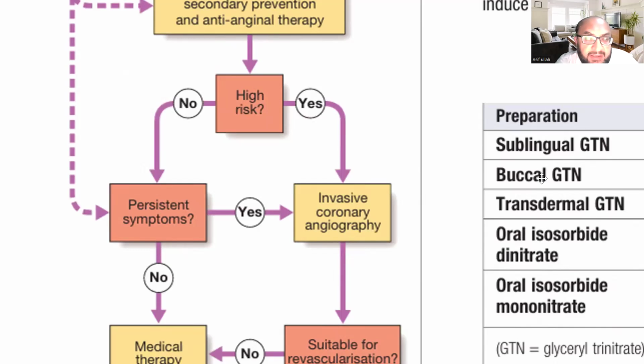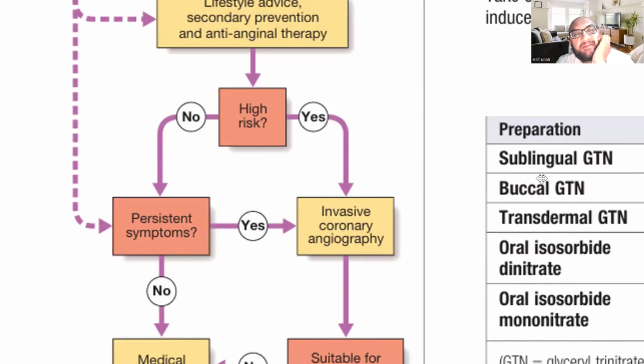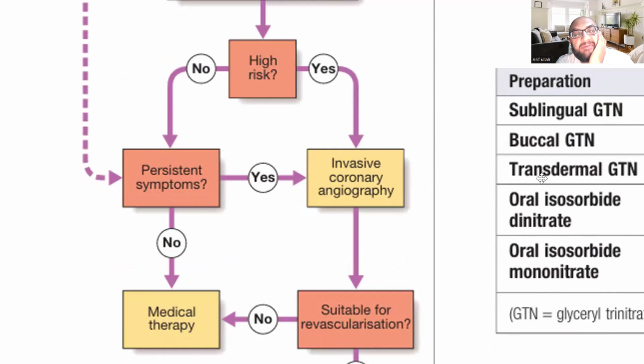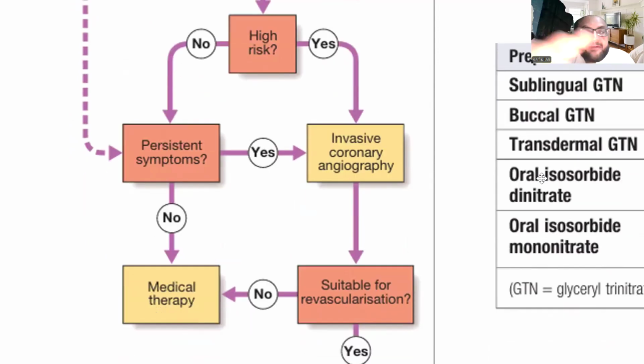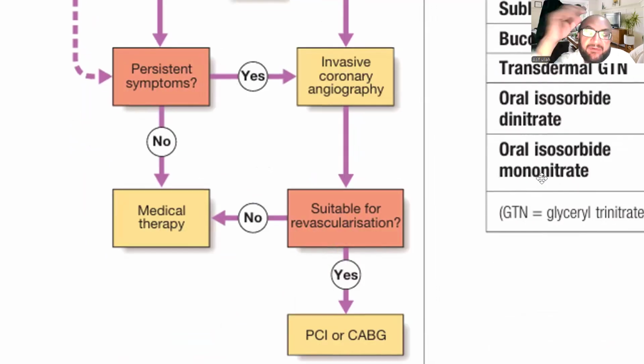If not high risk, you look for symptoms despite treatment. If the treatment is successful and there are no symptoms, the medical therapy continues. But if there are symptoms, you go for invasive angiography. If suitable for revascularization, you will tell the patient about angioplasty and stenting and/or bypass surgery. If not, you tell the patient to continue medical therapy.